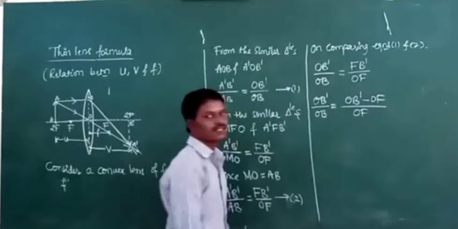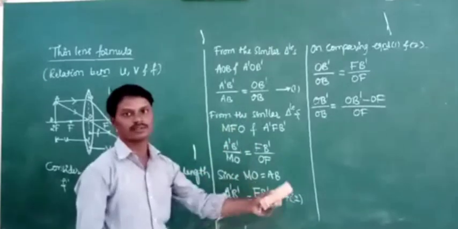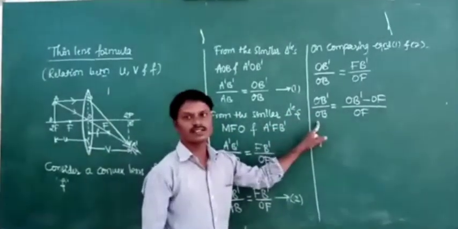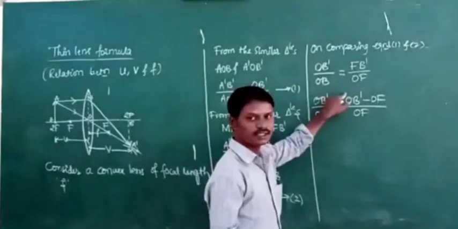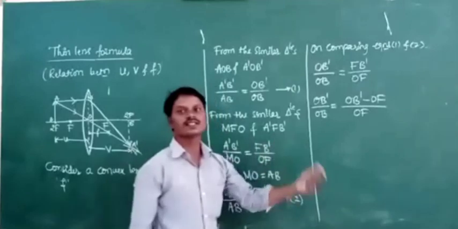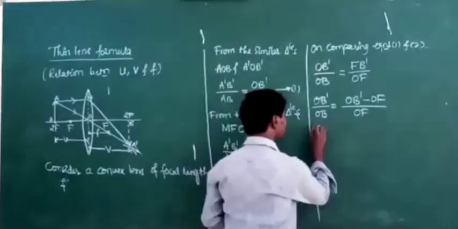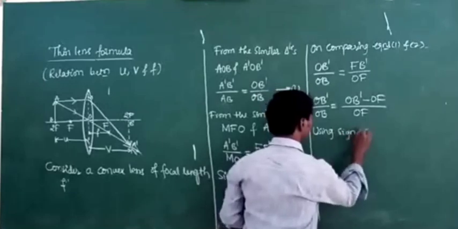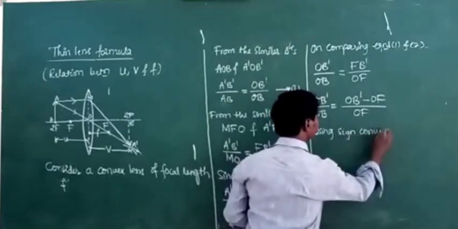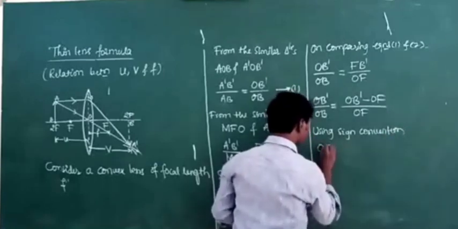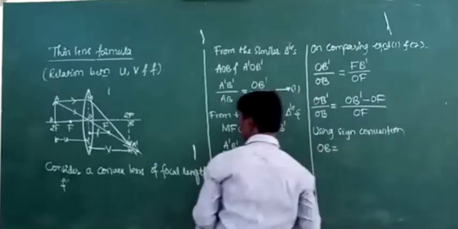Then using sign convention, because all are known: OB dash is the image distance, OB is the object distance, and OF is the focal length. First I will take OB.